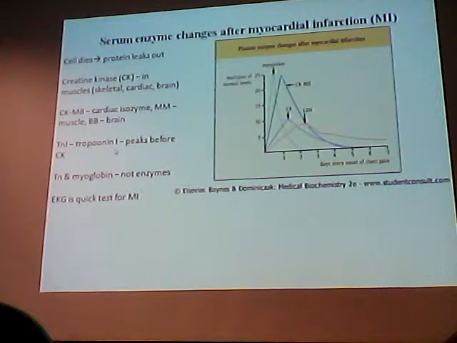Troponin also peaks before CK in this little graph, and troponin and myoglobin just aren't enzymes, they're other proteins that are in the cell.